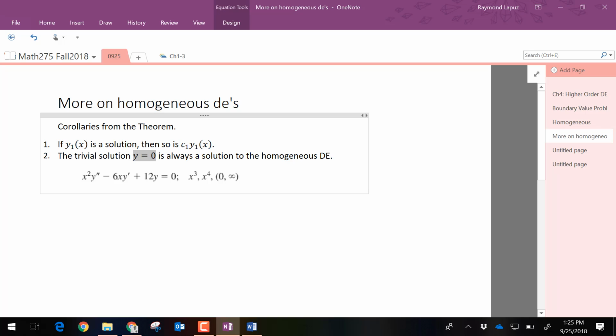Because if y is equal to 0, then the derivatives of y are all equal to 0, and 0 equals 0, so that all works out. I don't think we need to do this, so let's just take that out. These are a couple of corollaries that come after a homogeneous differential equation.